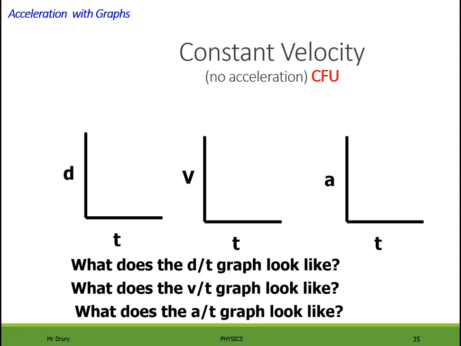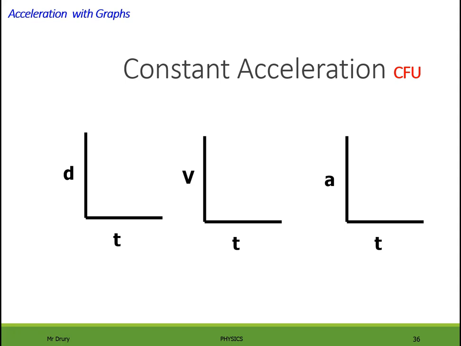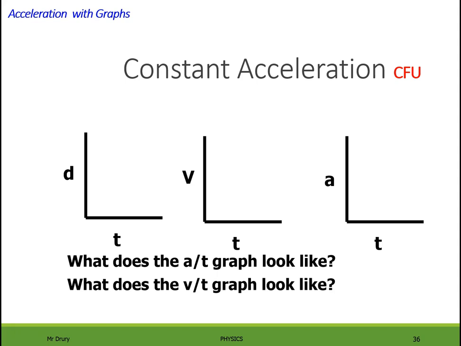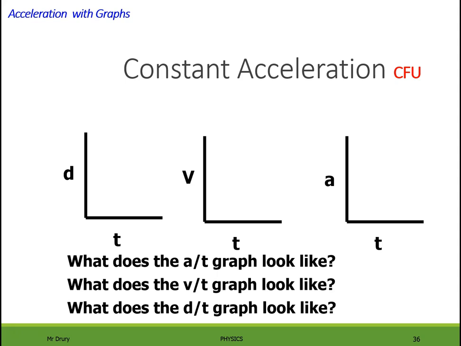All right, and I would also like to try the same thing with constant acceleration. So what would the acceleration time graph look like, the velocity time graph look like, and the displacement time graph? So why don't you take a moment, make those sketches, see what they look like, and then we'll go over the answer. So pause the video now, okay?